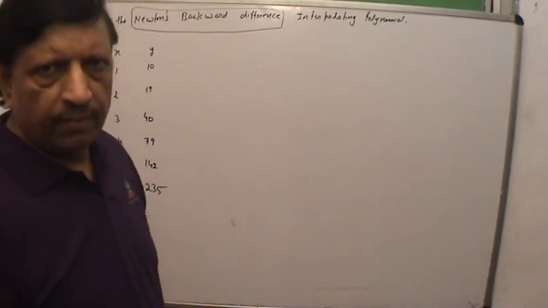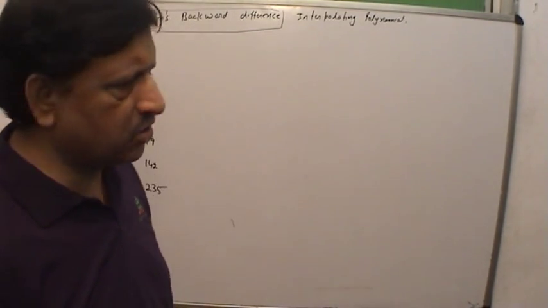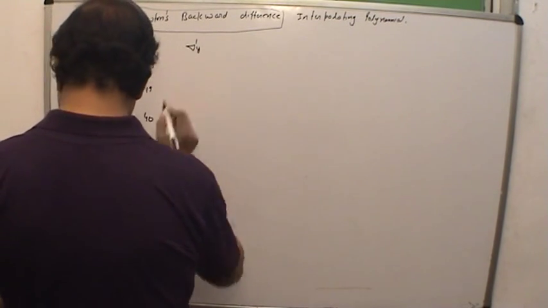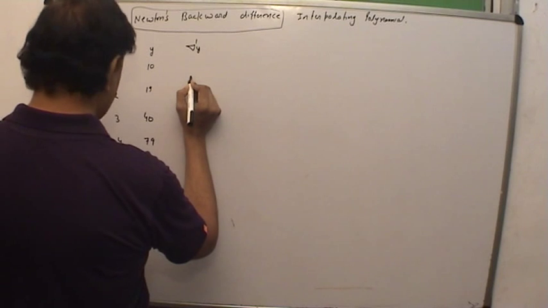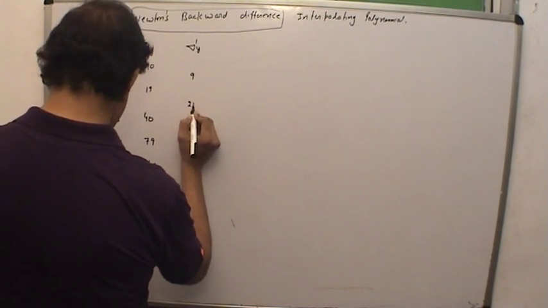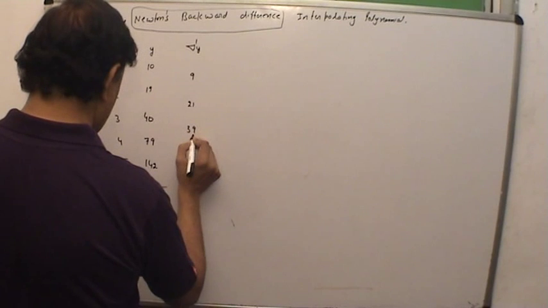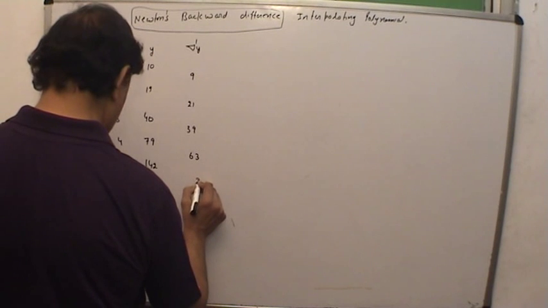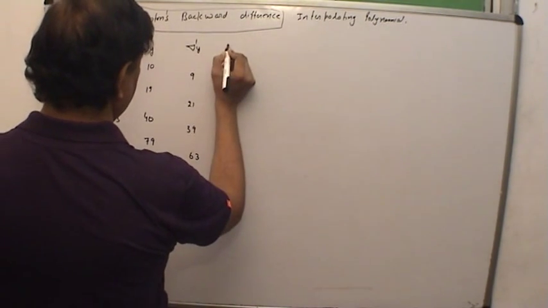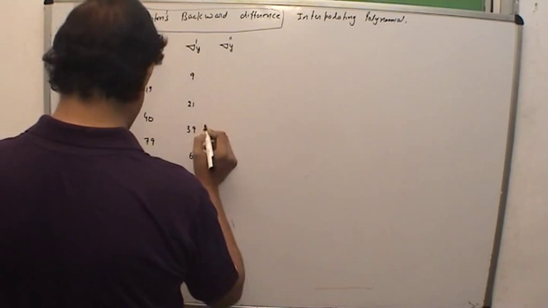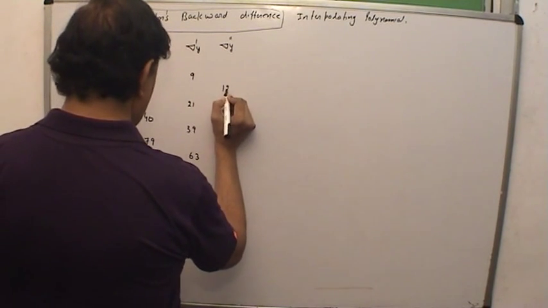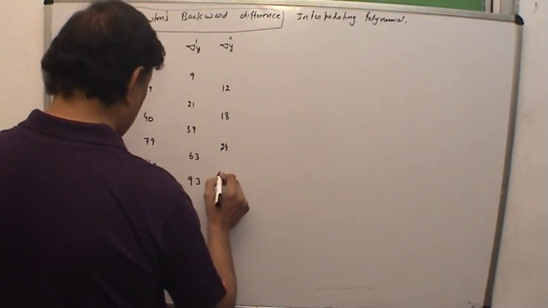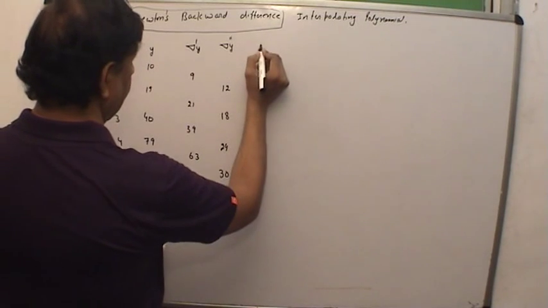First of all, the construction of the difference table is the same. Let us say delta 1 y: 19 minus 10 is 9, then 21, 39, 63, 93. Delta 2 y is equal to 12, 18, 24, 30.